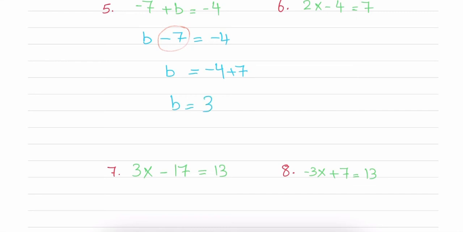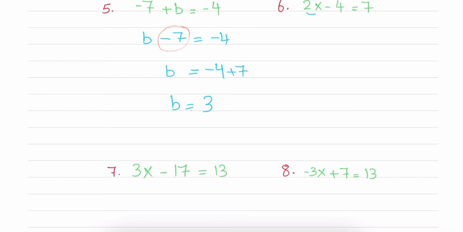As we have two numbers with different signs, then we need to subtract, and the answer is going to be positive 3. In the following question, question 6, it says 2 lots of x minus 4 equals 7. In this case, I have two numbers beside the x with two operations.